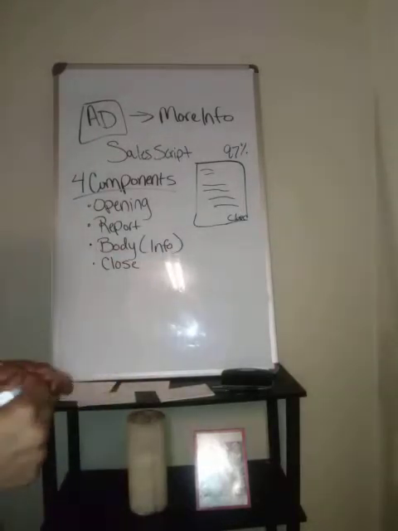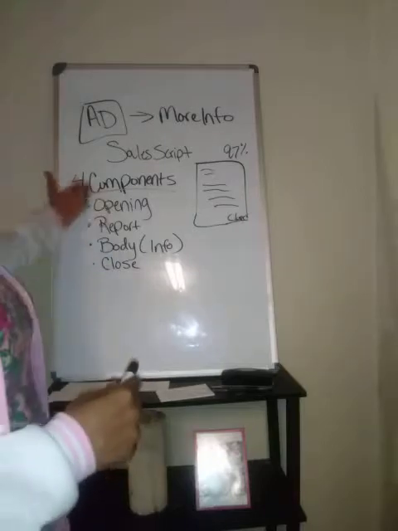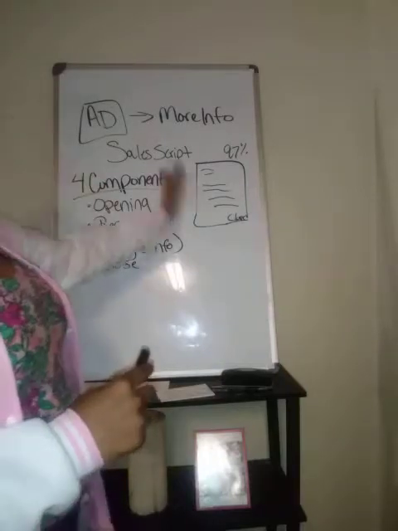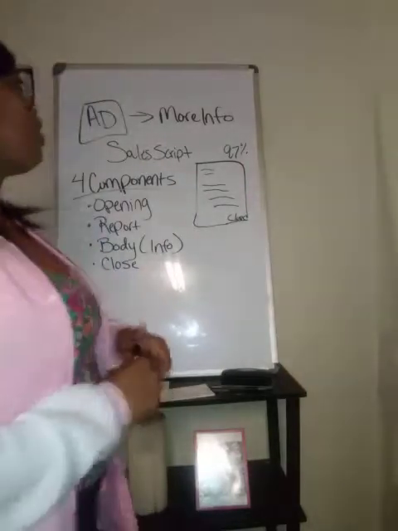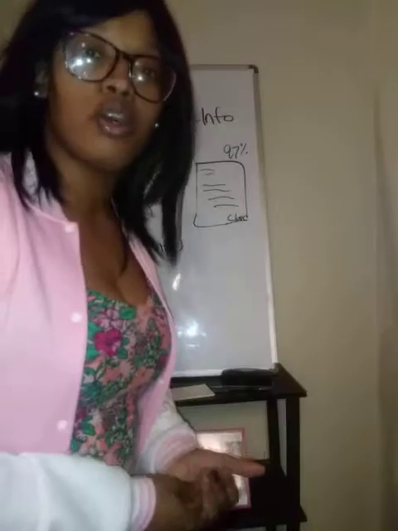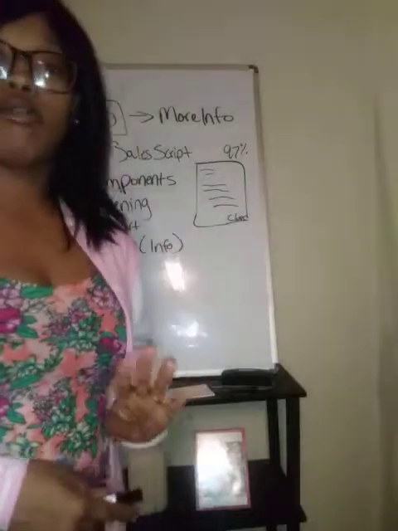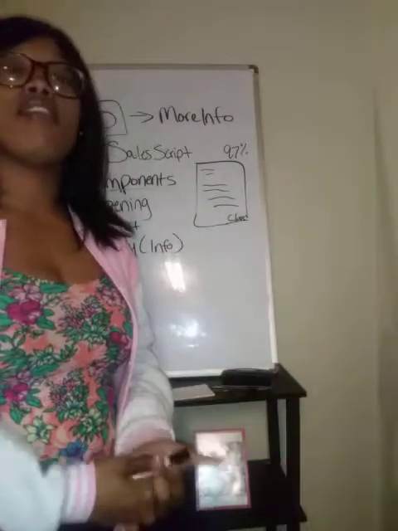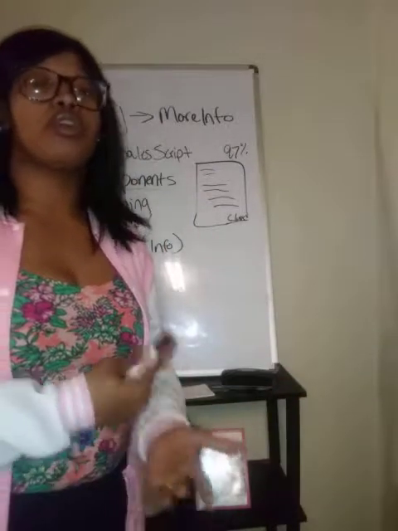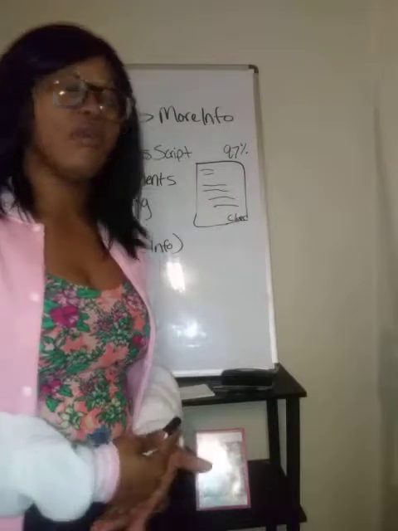This is what the 4 components consist of in your sales script. So in order to get to your close, you want to make sure you cover all 4 components, because it is going to be very important in getting you to your close of getting your sale.